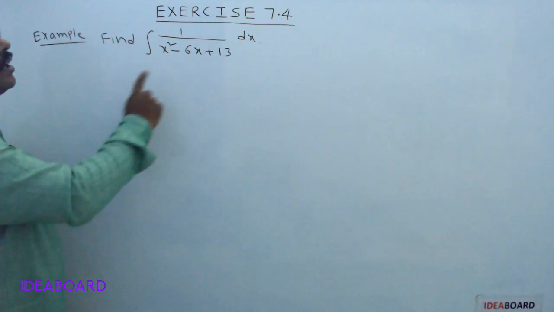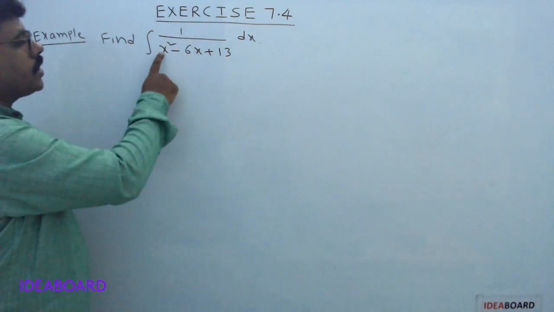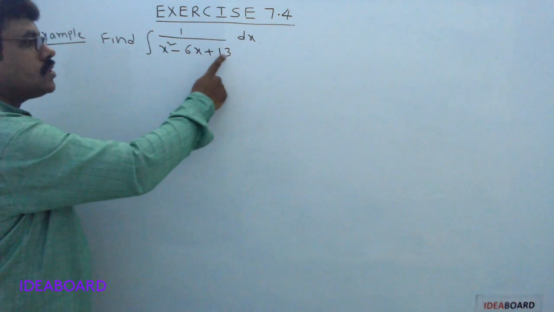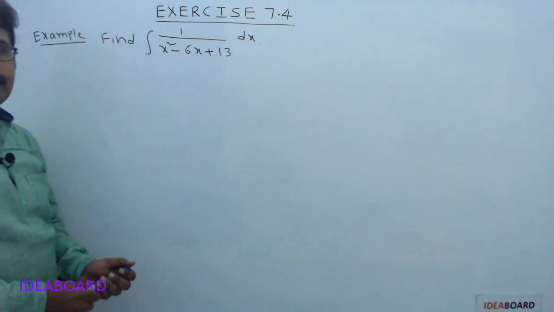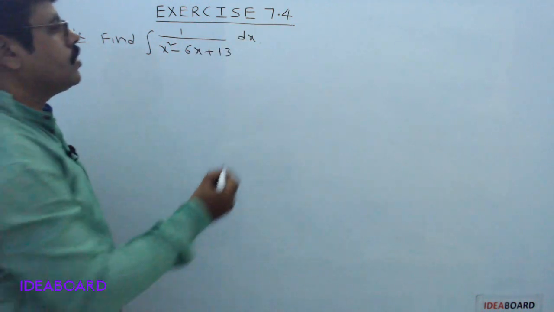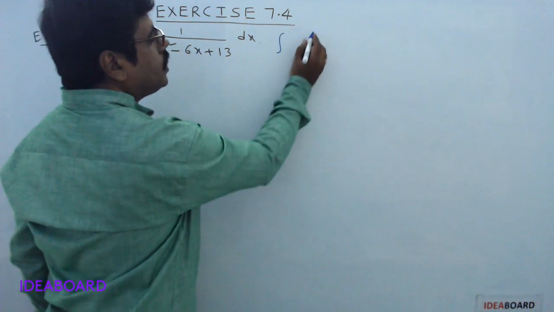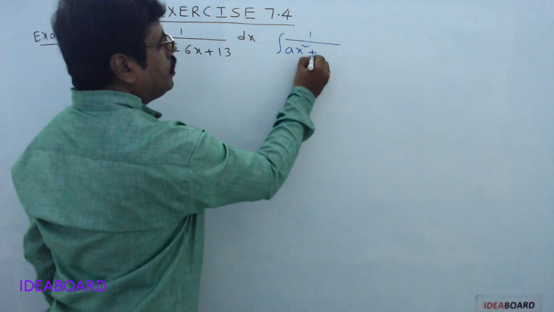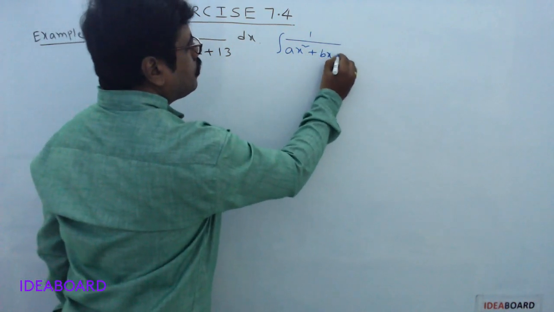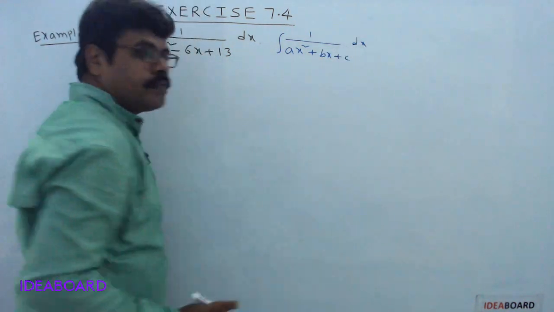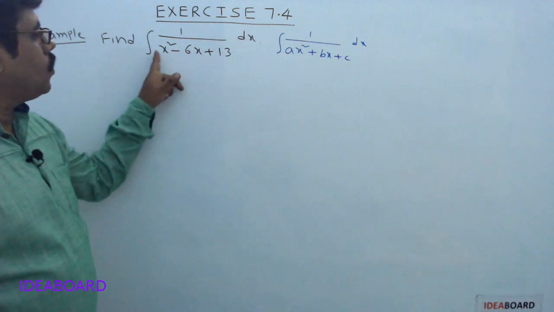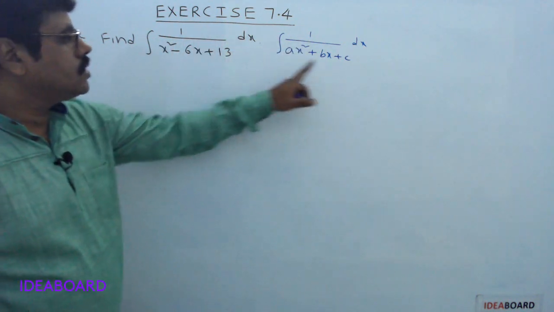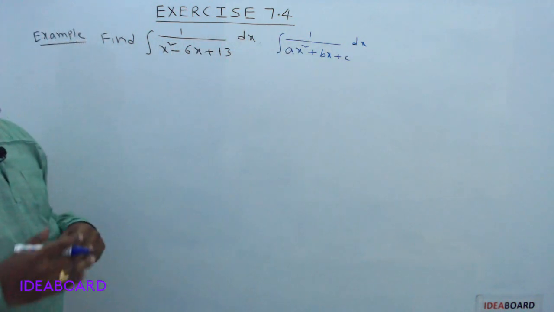Find integral 1 divided by x square minus 6x plus 13 dx. Clearly, your given problem is of the form integral 1 divided by ax square plus bx plus c dx. Here a value is 1, b value is minus 6, c value is 13.